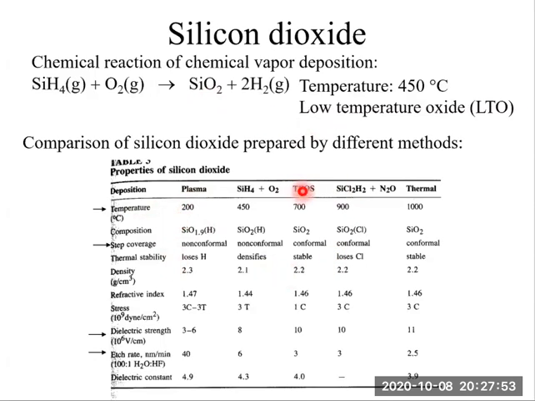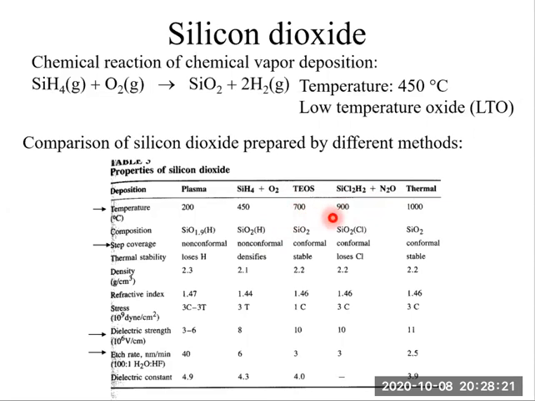Silicon dioxide can also be deposited using different gases, for example TEOS, or dichlorosilane plus N2O, nitric oxide. The deposition temperatures are 700 and 900 Celsius respectively.